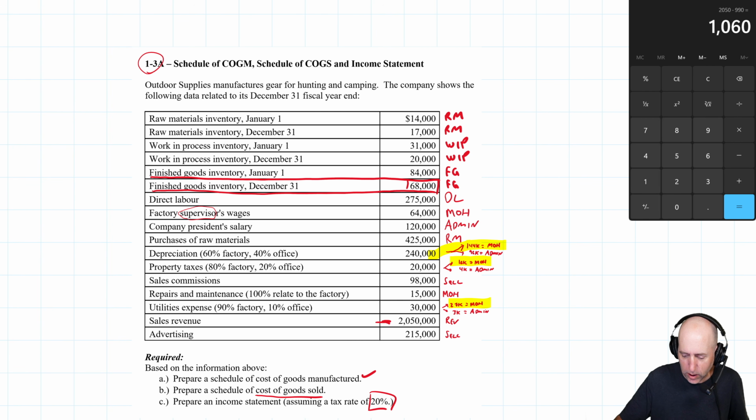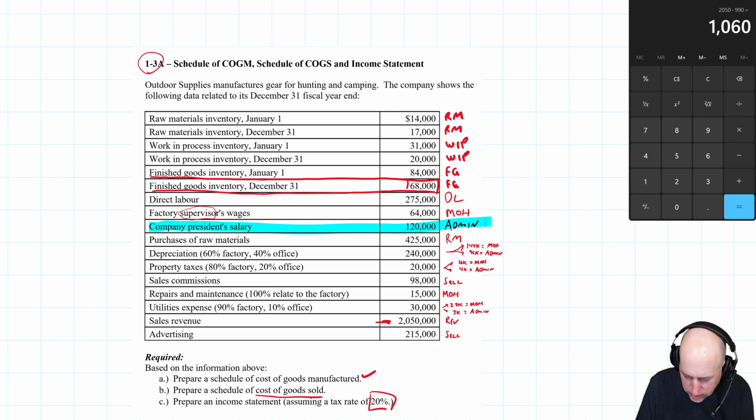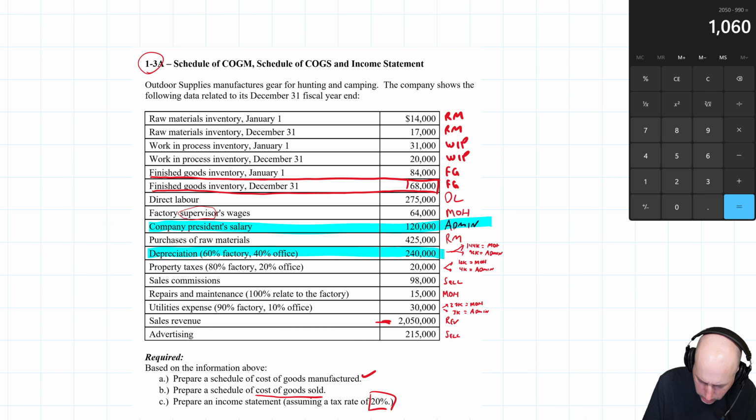So we go to our table here, and I'm going to highlight all of the selling and admin costs. I'm just looking for the word selling or admin. I have the president's salary as admin. I have depreciation, which has some admin element to it.